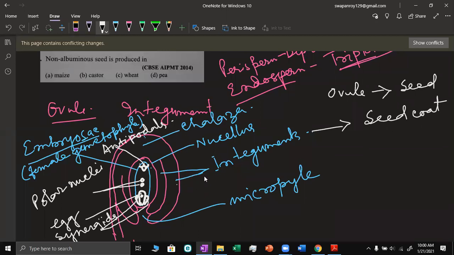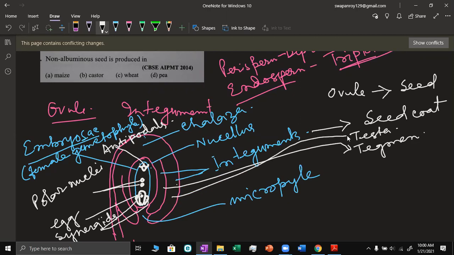The outer one forms the testa and the inner one forms the tegmen, and the two together form the seed coat.